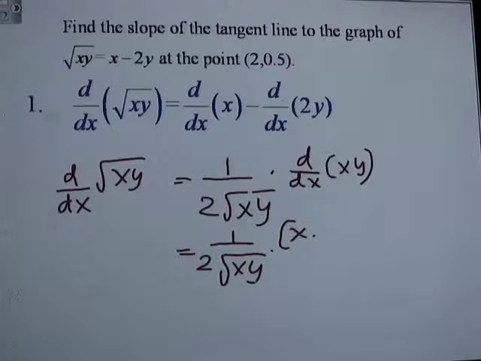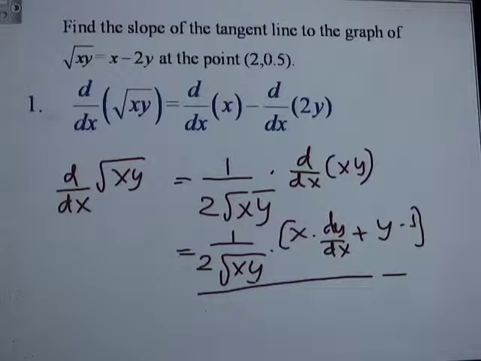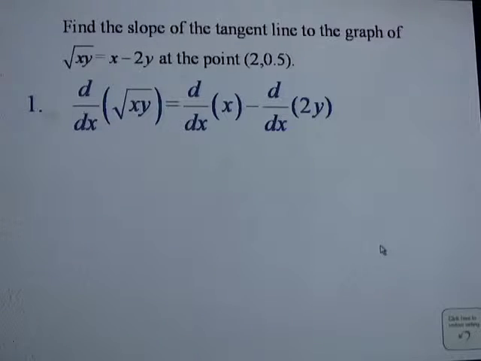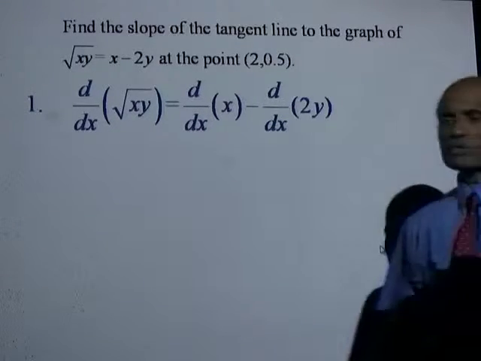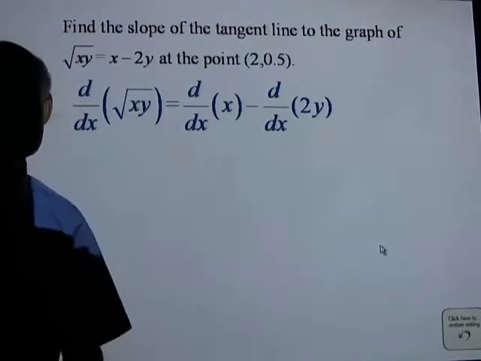The derivative of y with respect to x is dy by dx, plus the second function times the derivative of the first function. The derivative of x with respect to x is 1. Alright, did you get this? Okay, let's move on. Always try to do some of these on your own.